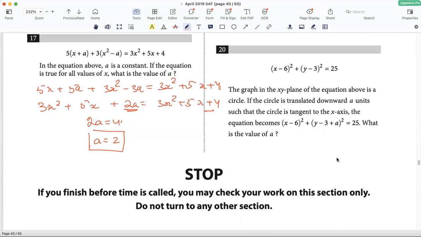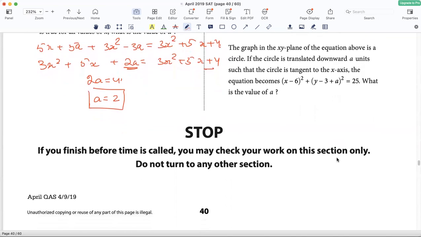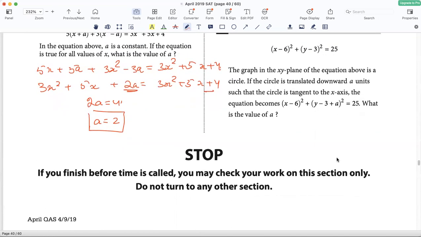The graph in the xy plane of the equation above is a circle. If the circle is translated a units such that the circle is tangent to the x-axis, the equation becomes this. What is the value of a? Okay, so this is a graph of a circle with the center at (6, 3) and a radius of 5.